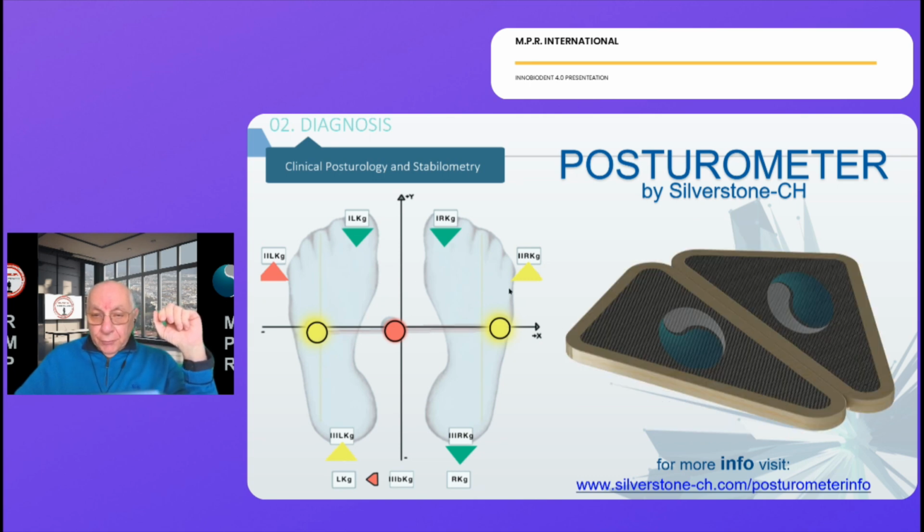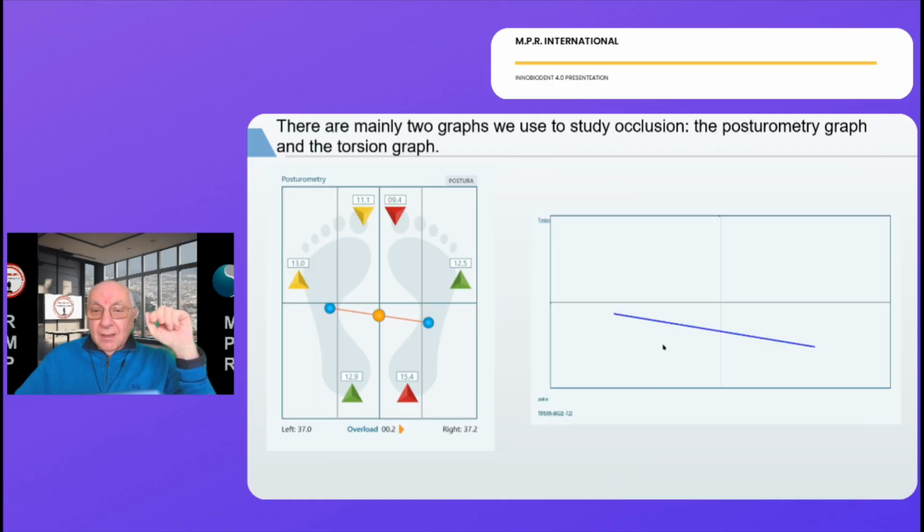This is the posturometer. This instrument is based on the concept of Kapandji, French physiotherapists who study the distribution of body weight on the ground through each foot.